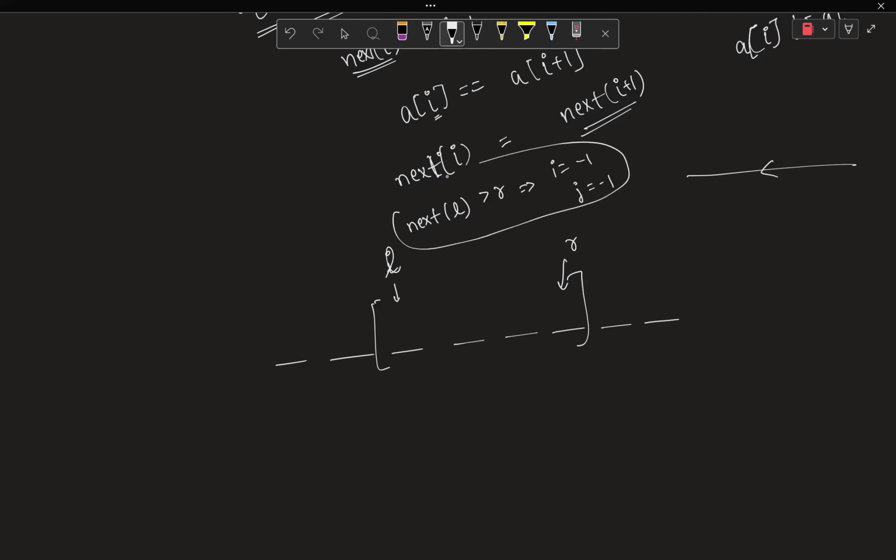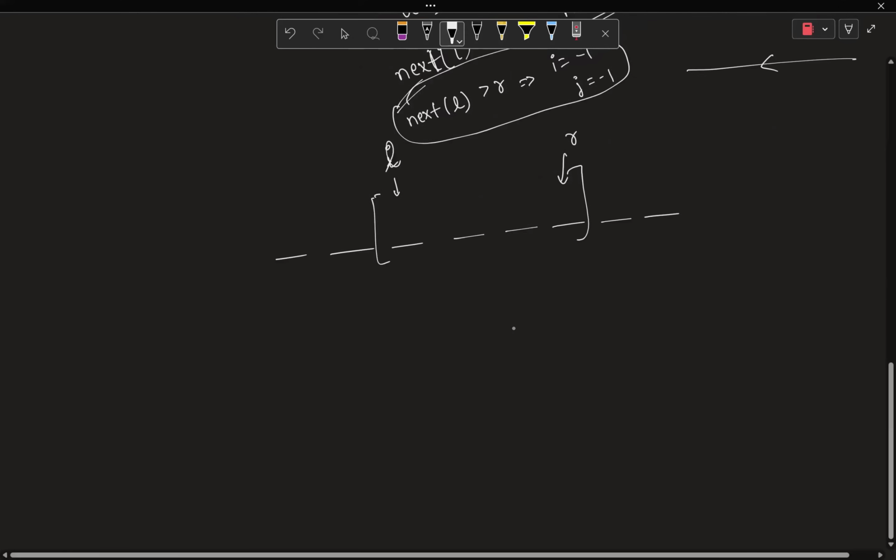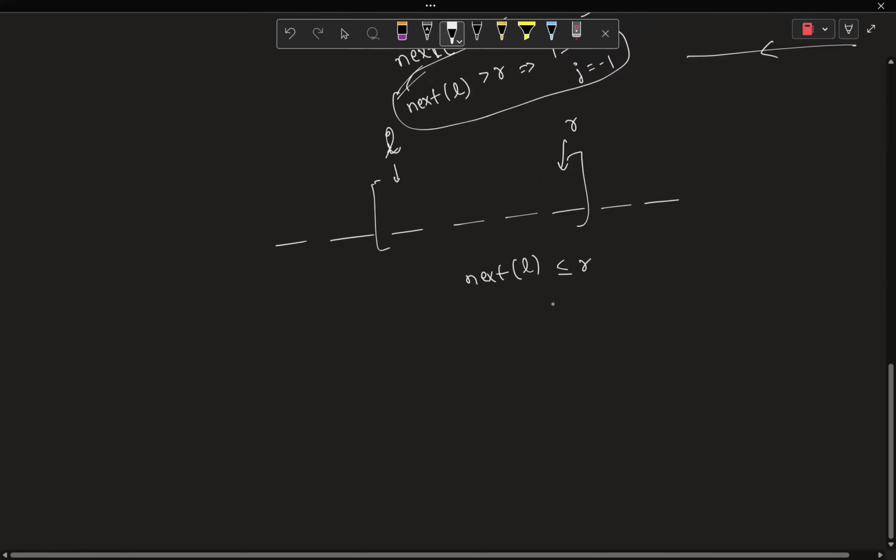Does this part make sense? In case next of L is greater than R, then my answer would be this. And if next of L is less than or equal to R, then it is even simpler.